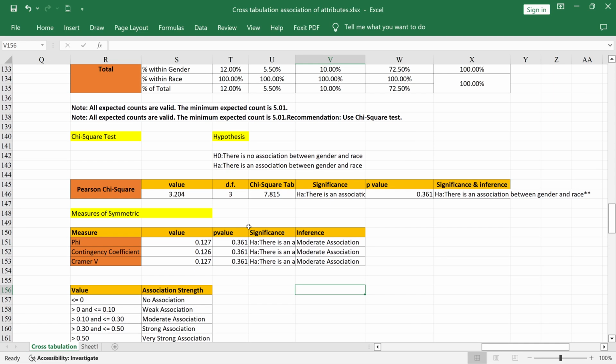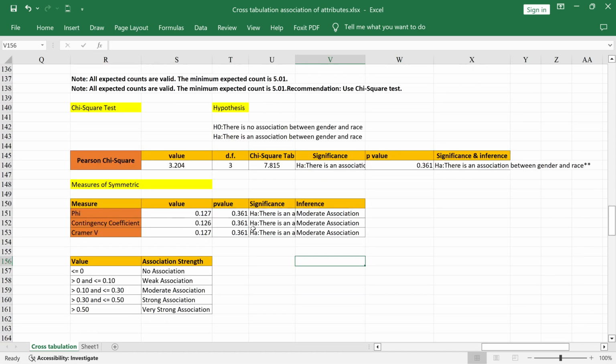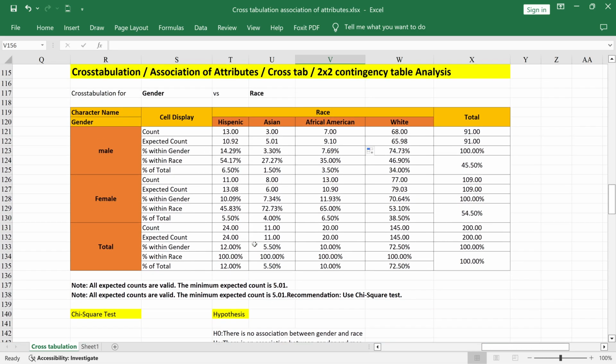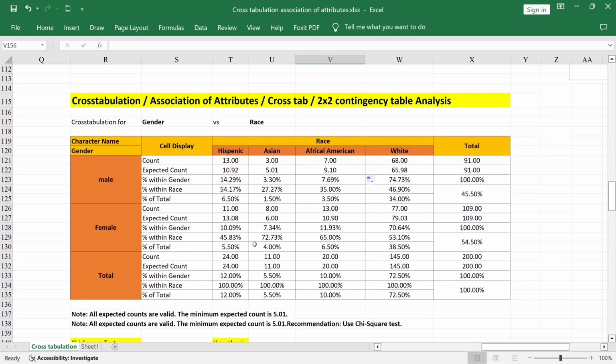From this measures of symmetry test, you can say race and gender, or gender and race, are moderately associated with each other, or there is a correlation between them. This whole data is about the cross tabulation analysis.